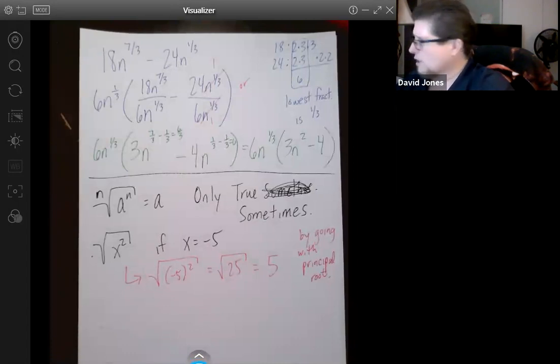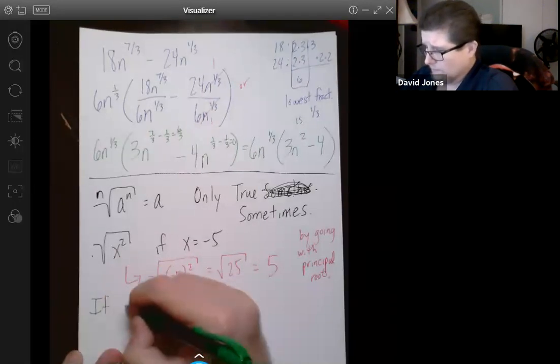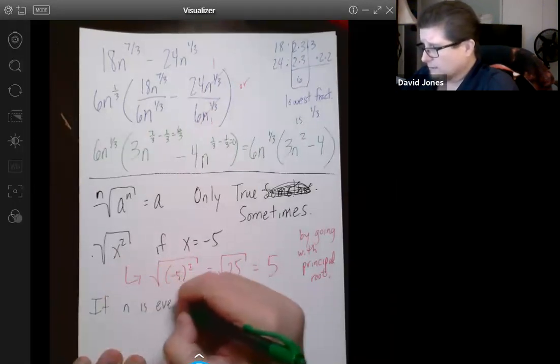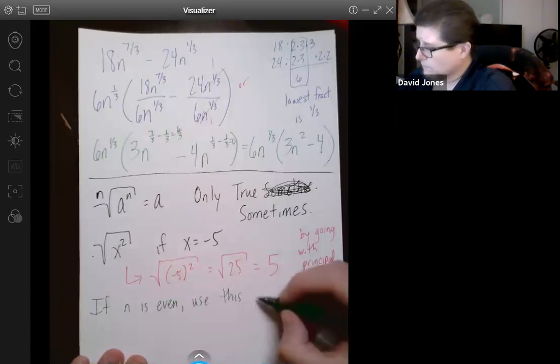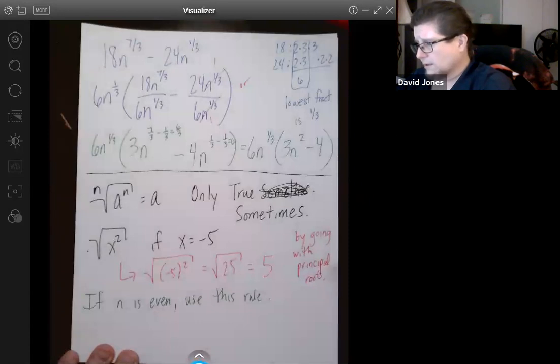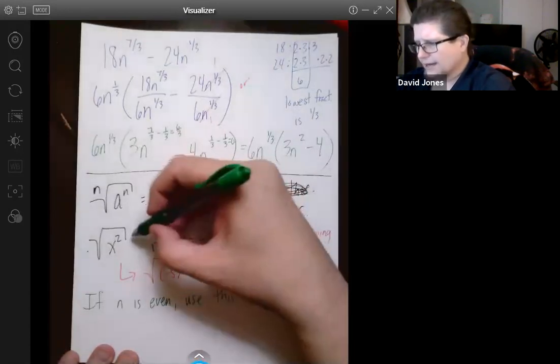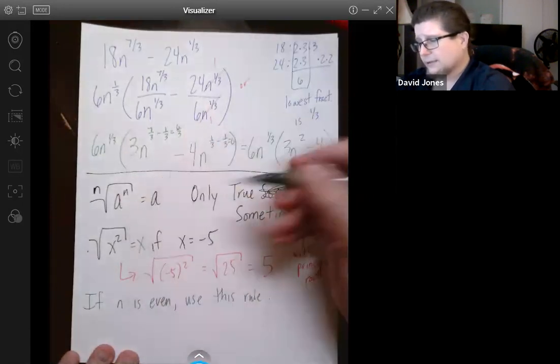So what we want to do is when we have an even root, when n is even, use this rule. Notice if I followed the property up there, this should equal x.